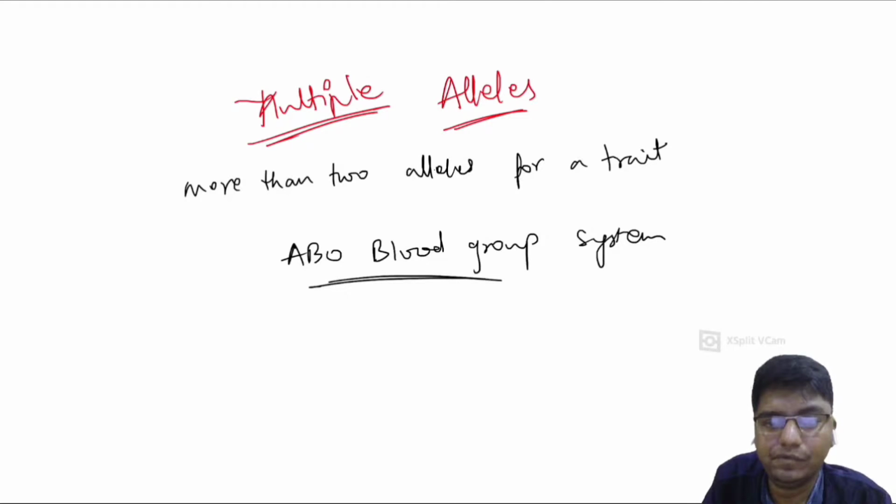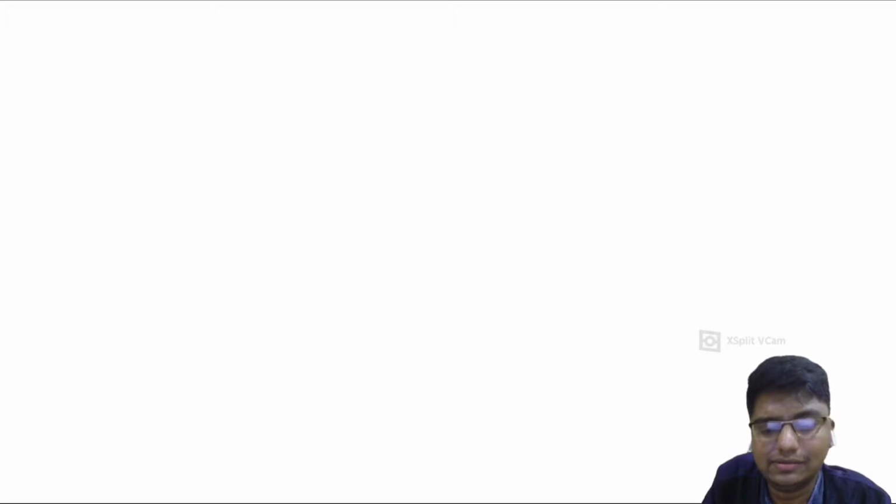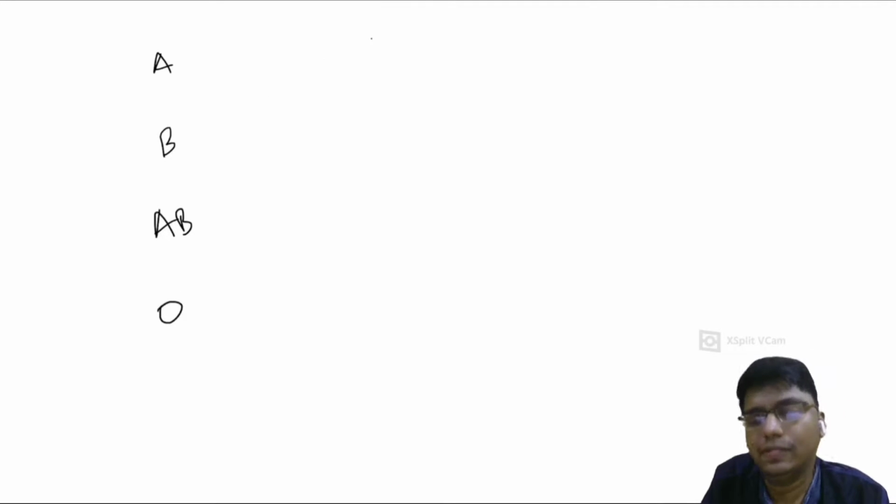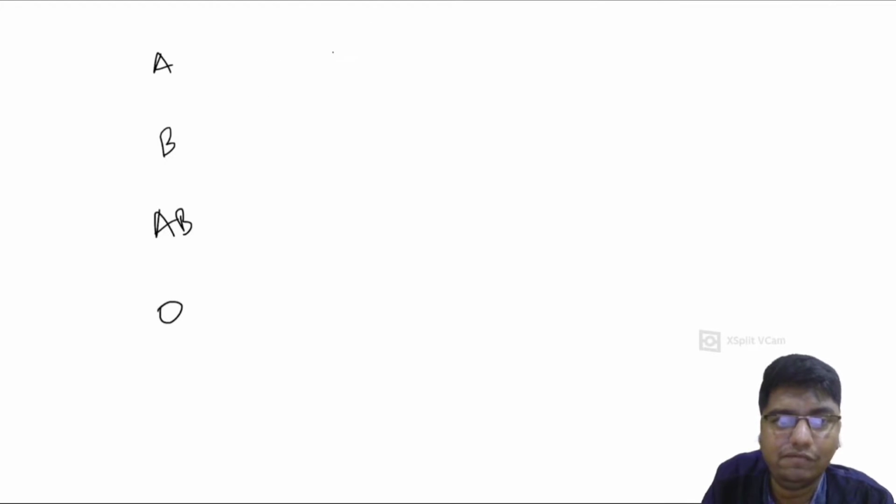We know that the ABO blood group system contains four types of blood group. First is A, then B, then AB, and O. These are the four blood groups. Now alleles. What are the alleles?